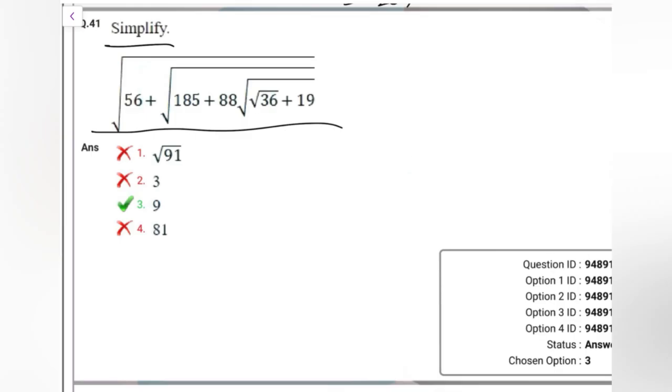Square root of 56 plus square root of 185 plus 88 square root of 36 plus 19.